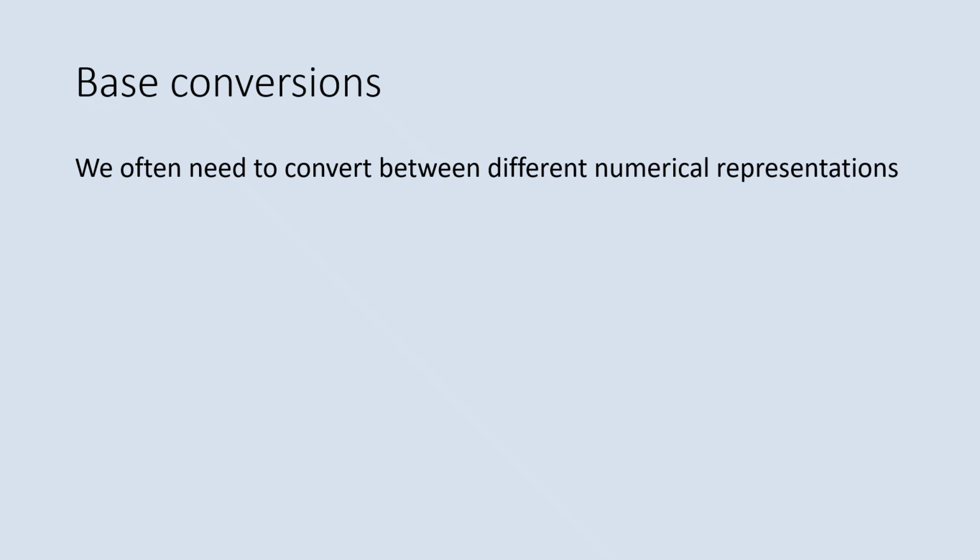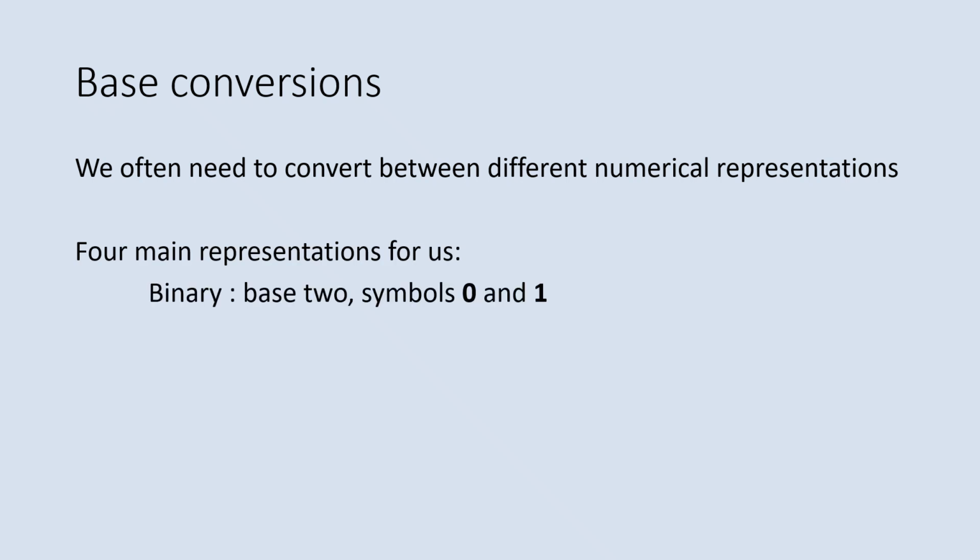So we will often need to transition from one numerical representation to another numerical representation. For us, often we are going to be looking at things in binary. We will look at things in base 8, so that's called octal, where you have the symbols 0 through 7.